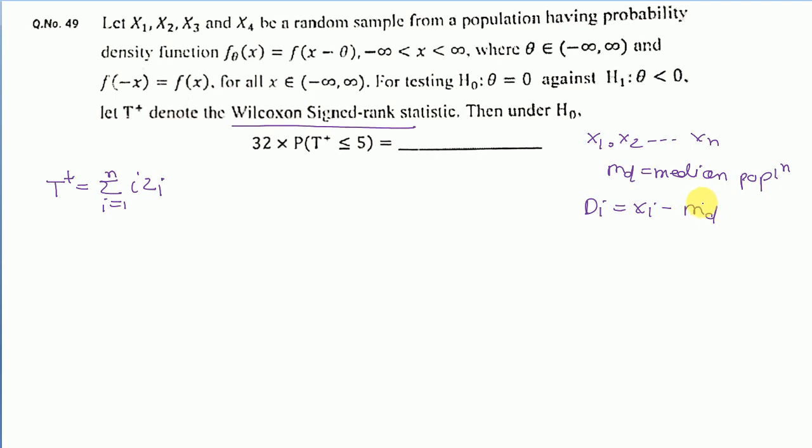Since Md is the median, Di may take negative as well as positive values. So D1, D2, Dn, as the number of sample observations will be equal to the number of these Di.